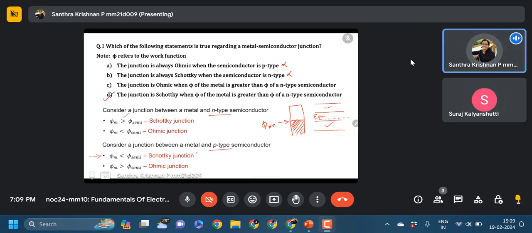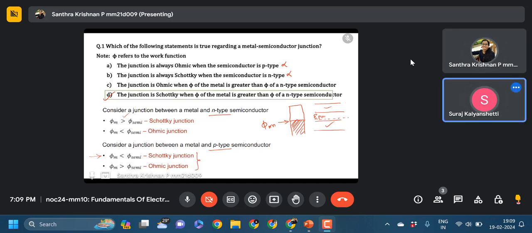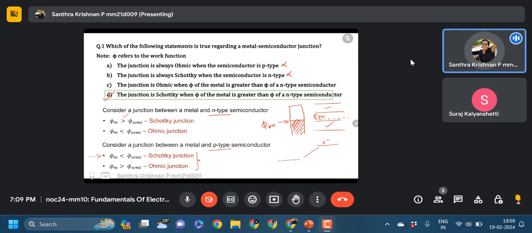I'm sure the bands will bend. But what will be moving? I am assuming the holes will have to move in the reverse, right? If electrons move from higher to lower potential, suppose you have a Fermi level here and an electron here. This is the direction in which electrons move.